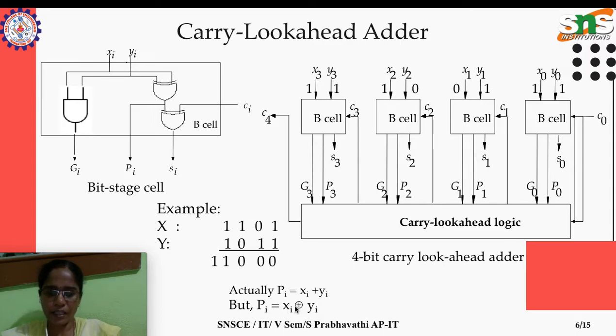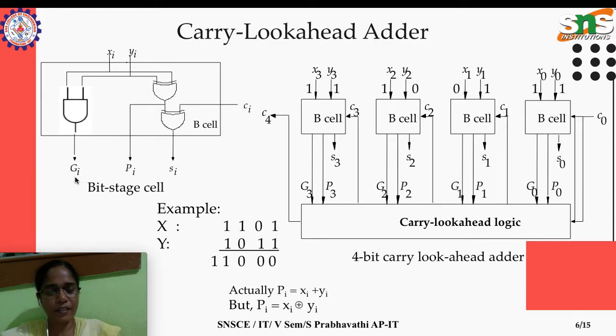Definitely this won't affect the carry, because gi will be set to 1. Carry ci plus 1 is equal to gi plus pi ci, so either gi is 1 or pi ci is 1, and definitely the carry for the next stage will be 1. Even if this stage produces 0, gi is nothing but xi yi.